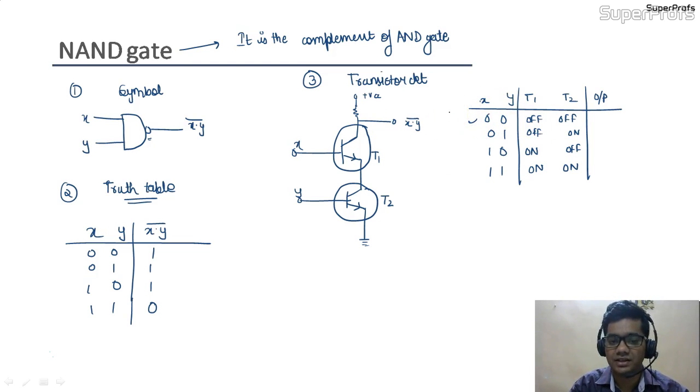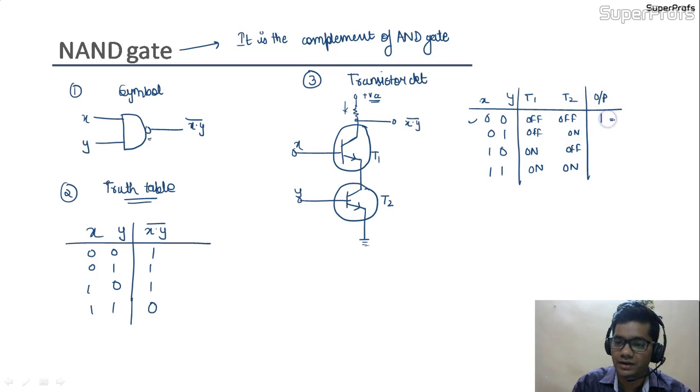First we are going to see the 0 0 condition. In the transistor circuit we can see that if both the inputs are 0, both the transistors would be in off condition, due to which there would be no flow of current, and this plus VCC voltage would appear at this point, because there would be no voltage drop at this resistor. So the output would be 1, or we can say plus VCC.